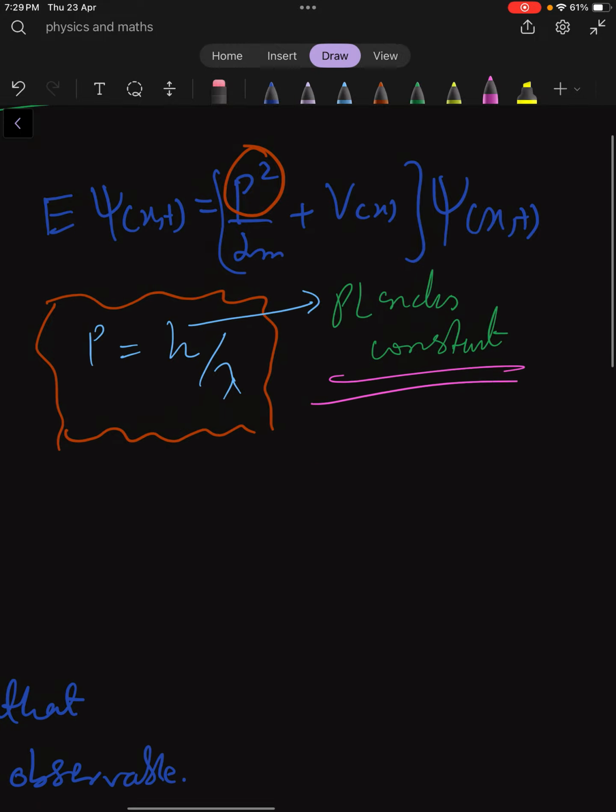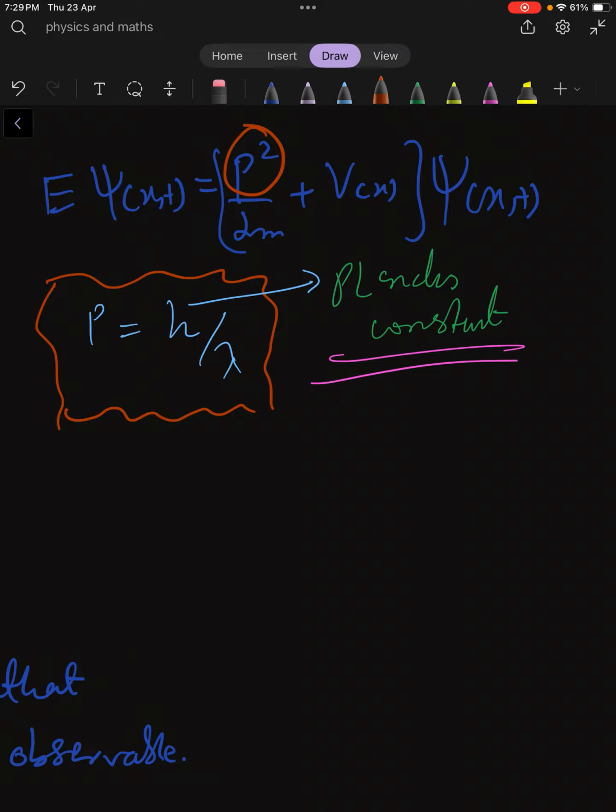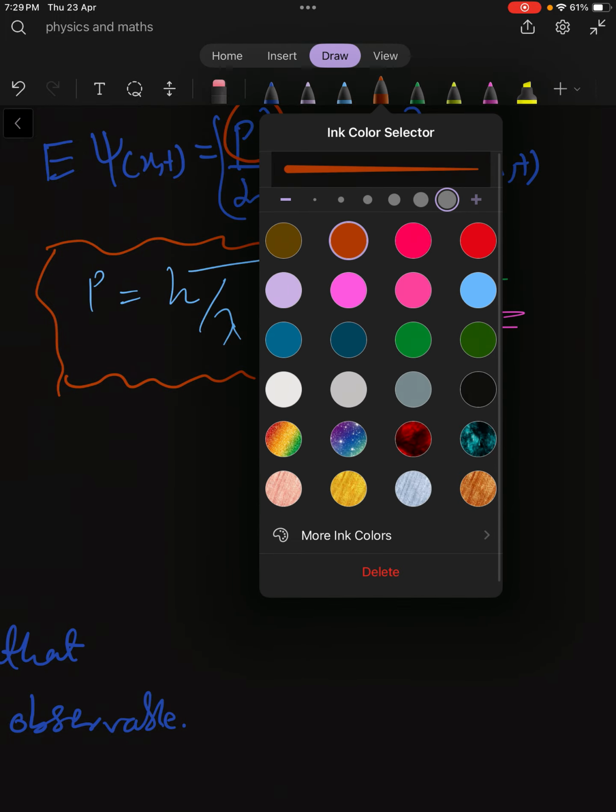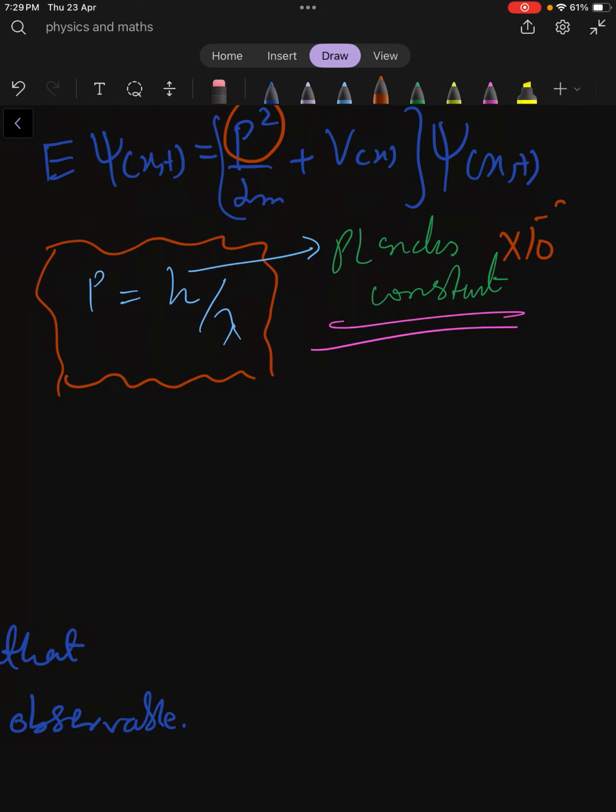It's a very interesting value. It's a very small value. In terms of powers of 10, it's to the power negative 34.